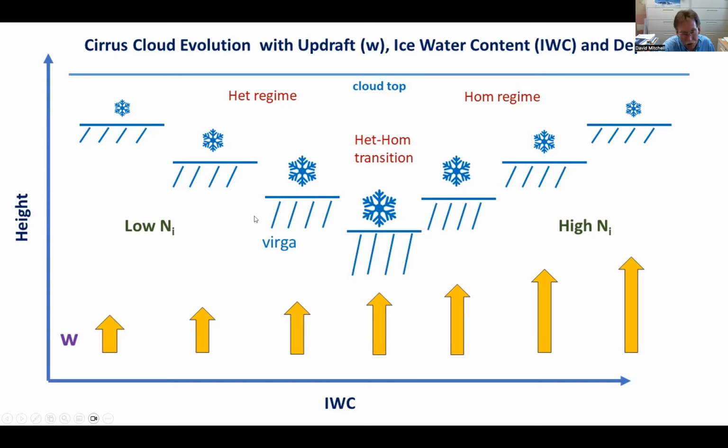So it's really driven by the fall velocities of the ice crystals: homogeneous nucleation makes them smaller and there's less sedimentation. When you get these really narrow or thin cirrus clouds, that's when you see the highest number concentrations, and they're thin because they have the lowest sedimentation rate. So that's our hypothetical understanding of this.